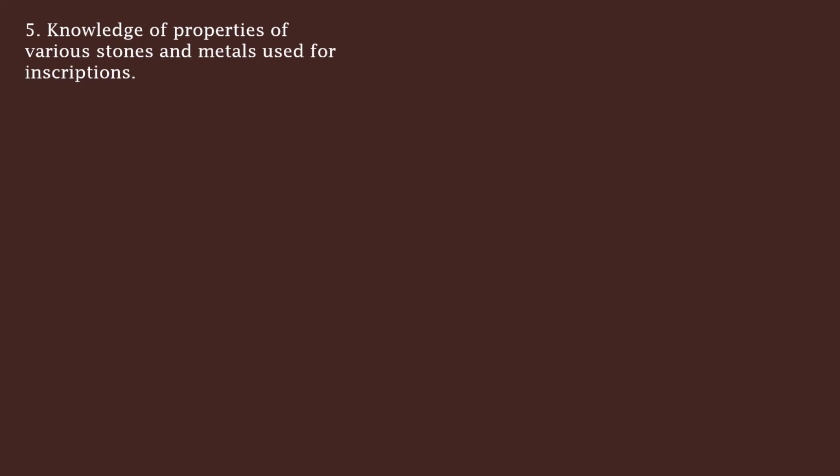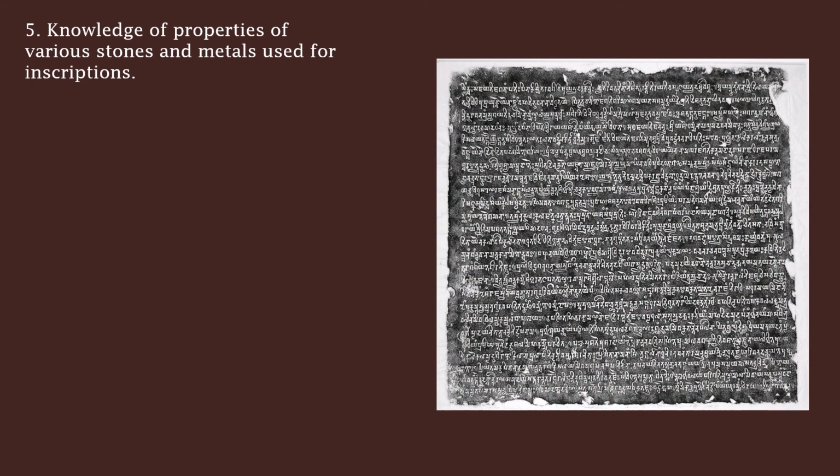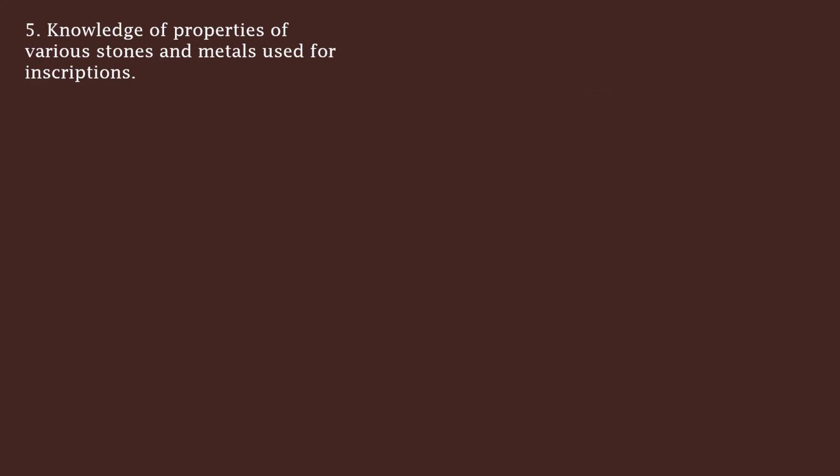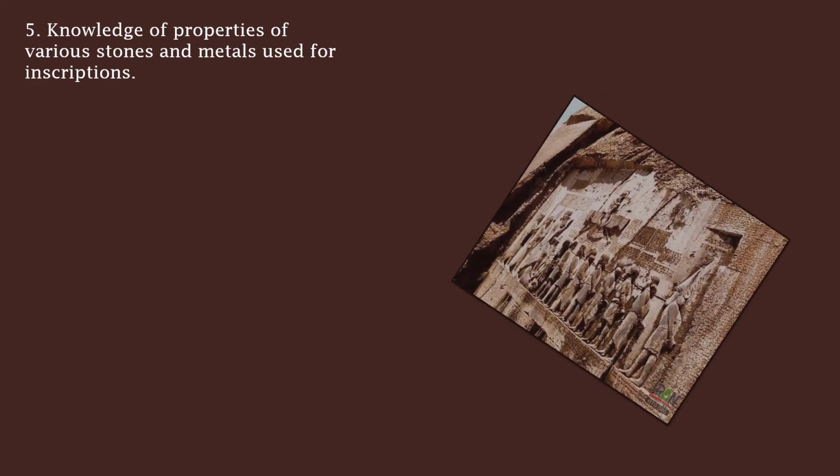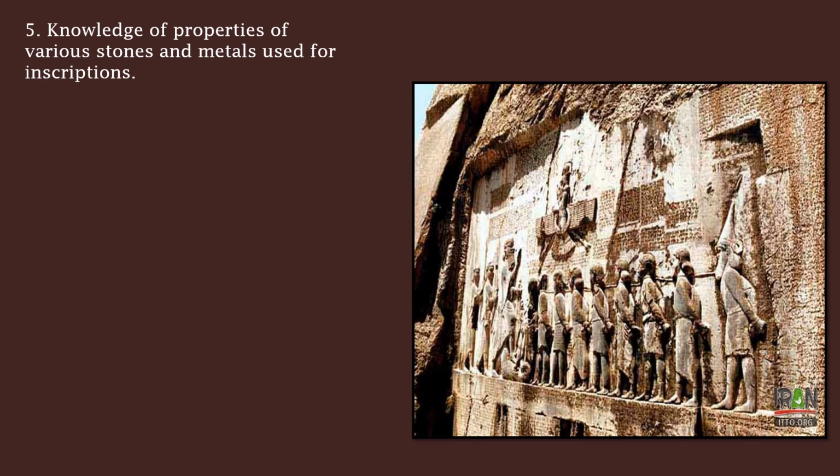For example, the Mandsaur stone inscription during the reign of Kumaragupta and Vandhuvarman of the Malwa dynasty indicates the use of seals for commercial purposes. Another example is the Rosetta Stone, which allowed historians to find out about the Egyptian scripts and gave valuable information about ancient kings and queens.